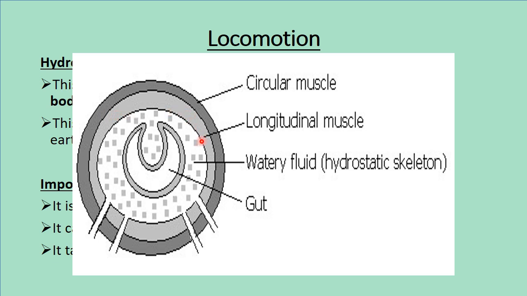Just beneath the longitudinal muscles we have watery fluids. Then at the center we have the gut, the digestive tract where food passes. So water is the skeleton that protects this softer part of this organism.